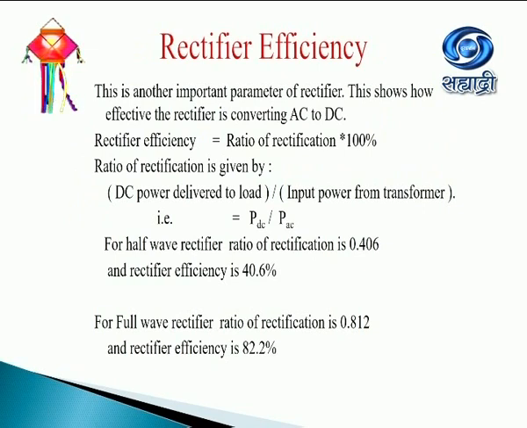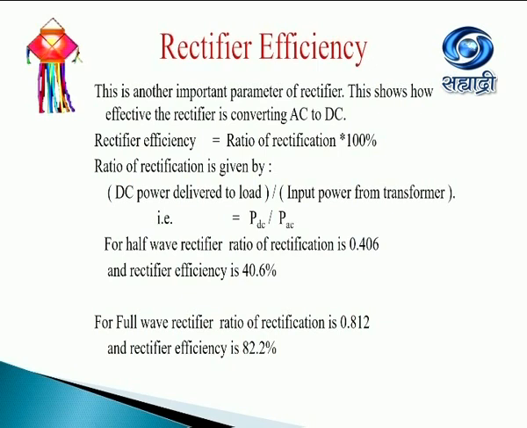Rectifier efficiency. This is an important property or characteristic which we have to study. This is an important parameter of a rectifier. This shows how effective the rectifier is in converting AC to DC. Rectifier efficiency is equal to the ratio of rectification into 100%.